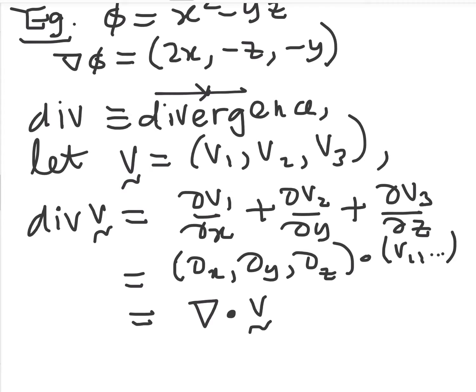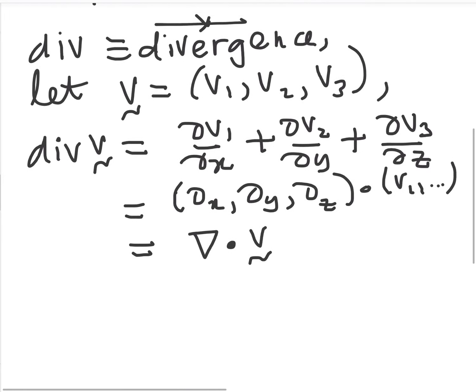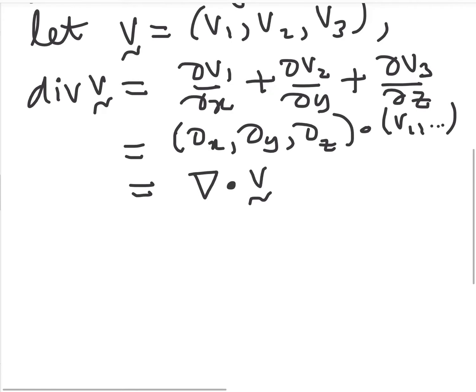So let's just go back slightly and highlight these differences. In this case, for example, we have that del phi equals the grad of phi, and the divergence of a vector field.